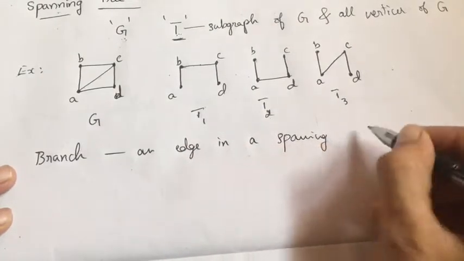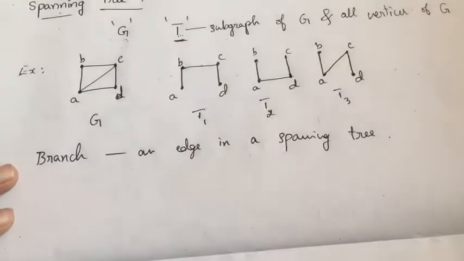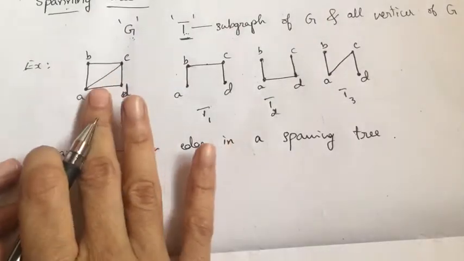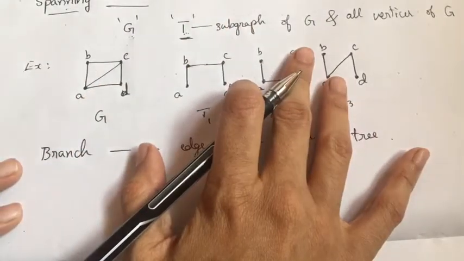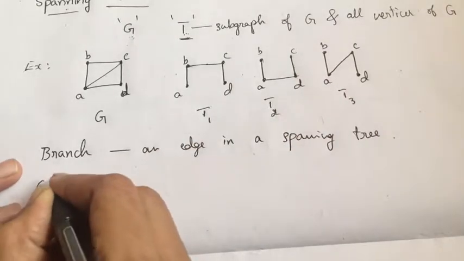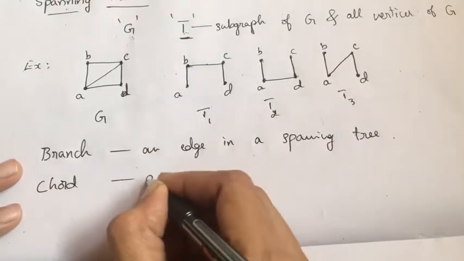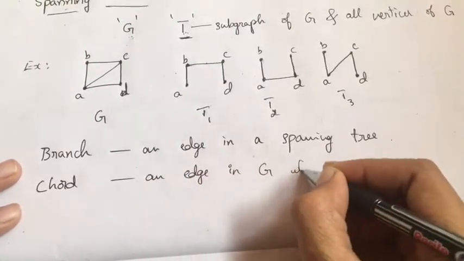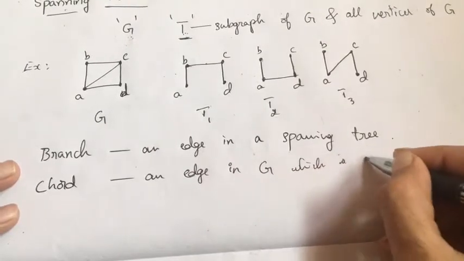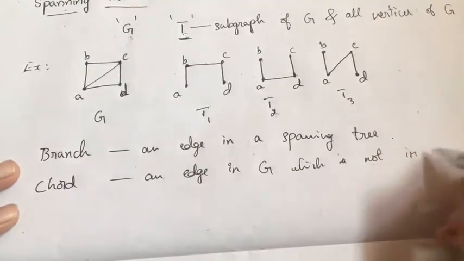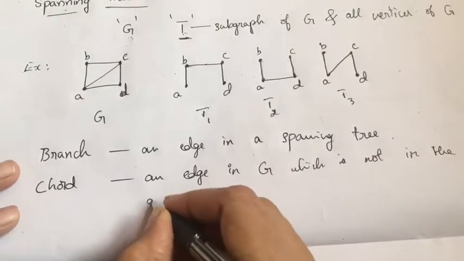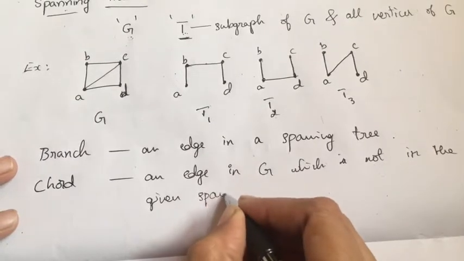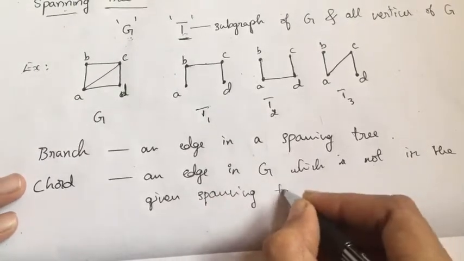And an edge in G which is not in the given spanning tree, with respect to a particular spanning tree, is called a chord.